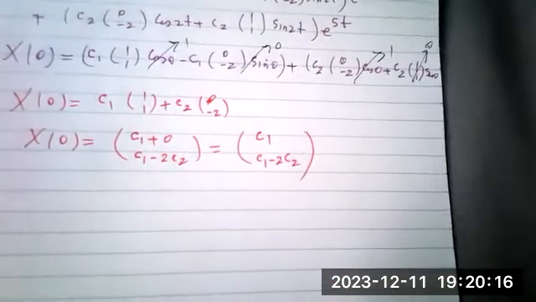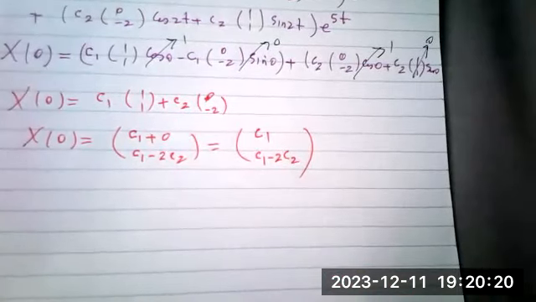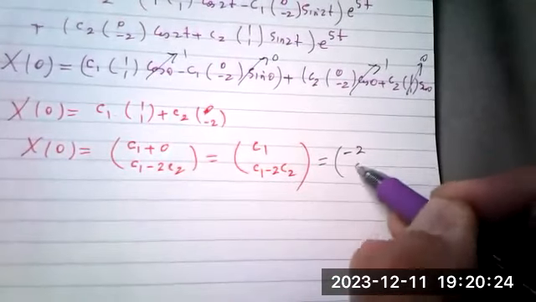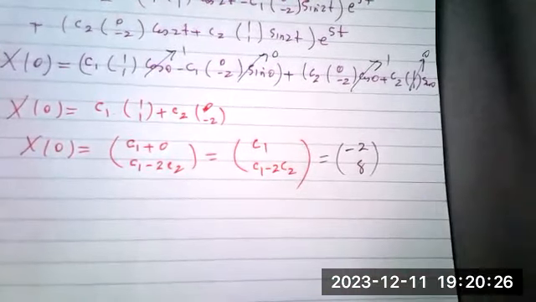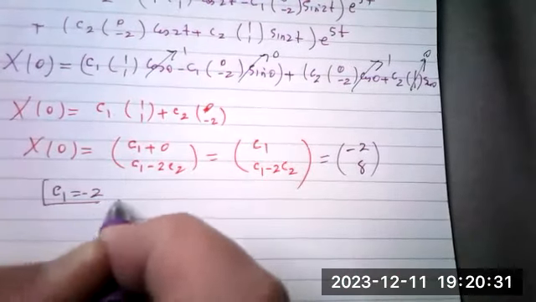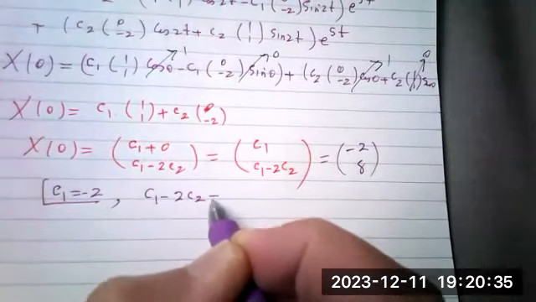You let it be equal to the given vector. So what is the initial condition? The initial condition is (-2, 8). You compare them together. So C1 would be negative 2, and C1 minus 2C2 is equal to 8.